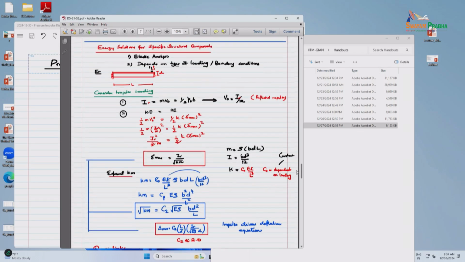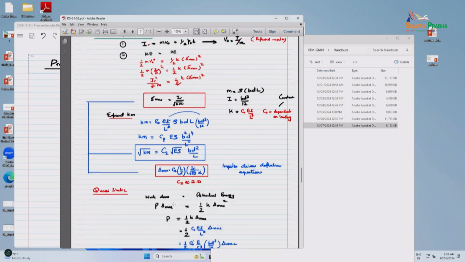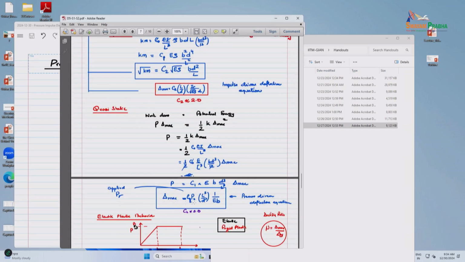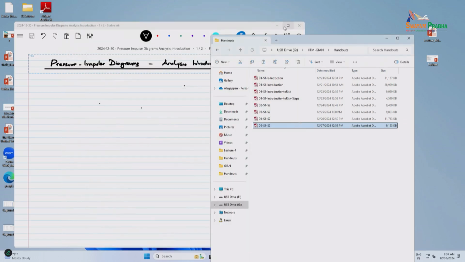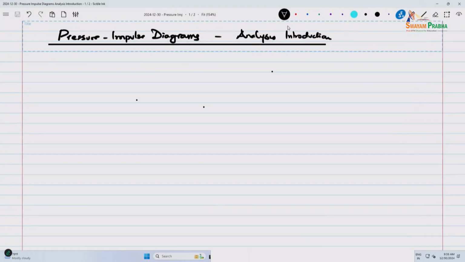So this is energy solutions for specific structural components. We'll look at delta max, this expression, and this expression for quasi-static with a quick example. We'll start with that. So let's say this is an example using energy methods.